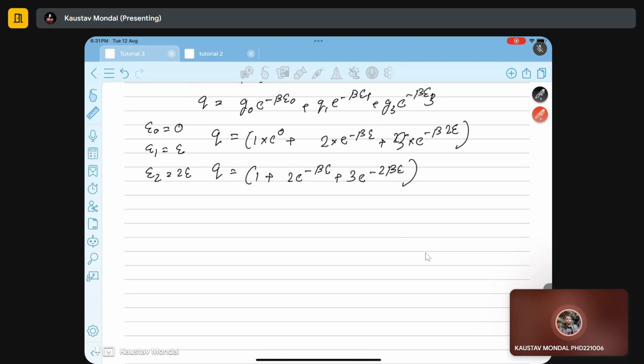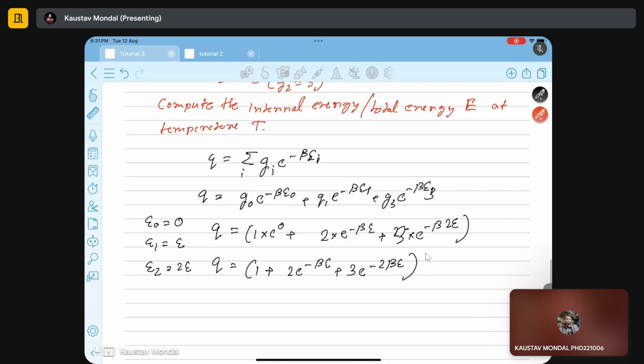Now from here we would compute the total energy the same way.